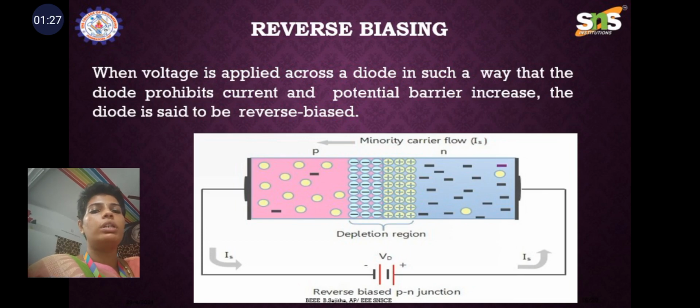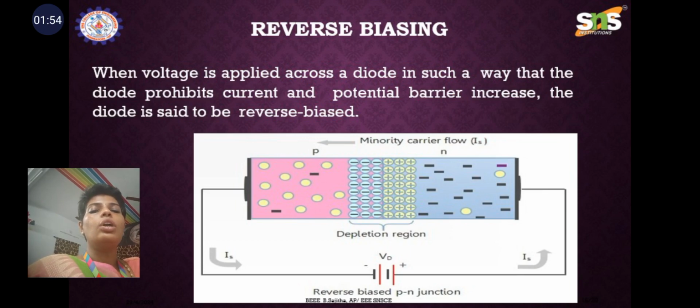Comparing with the forward biasing, we can remember that the width of the depletion region, the barrier potential, actually decreases when the biasing is done. When that decreases across the junction, the majority charge carriers start moving towards the other end, thereby contributing to the flow of the current.